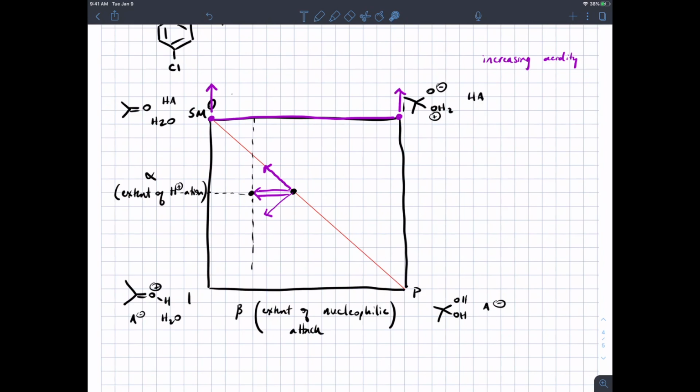If you use a stronger acid, the nucleophile doesn't need to attack as much before the acid protonates the carbonyl oxygen. And this makes sense, right? As the nucleophile attacks, you expect a buildup of partial negative charge on the carbonyl oxygen. If your acid is strong, you shouldn't need as much partial negative charge in order to protonate.